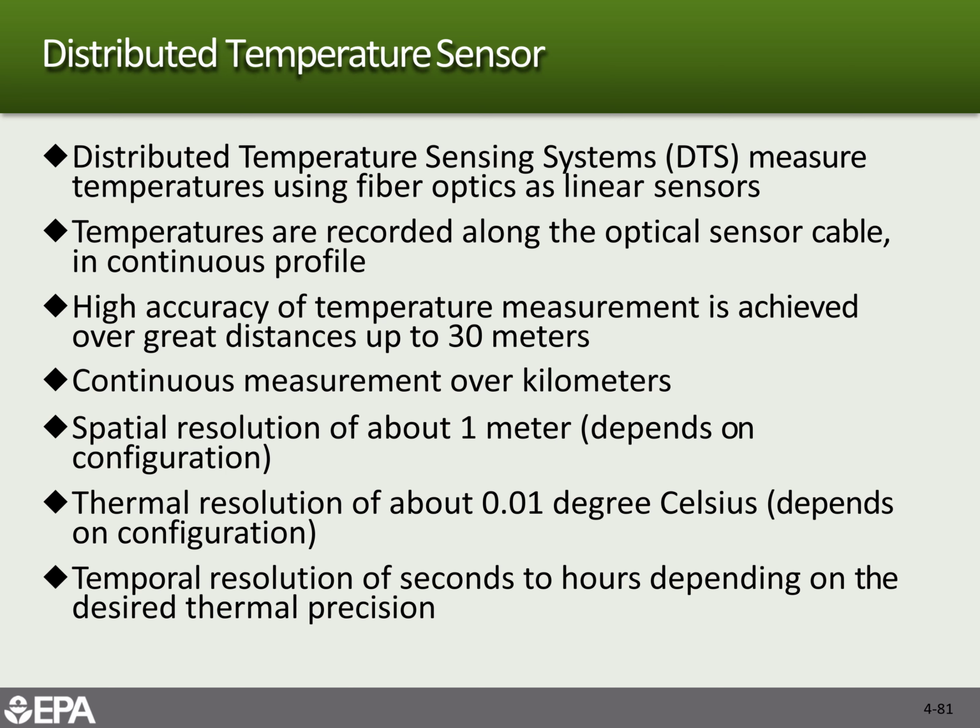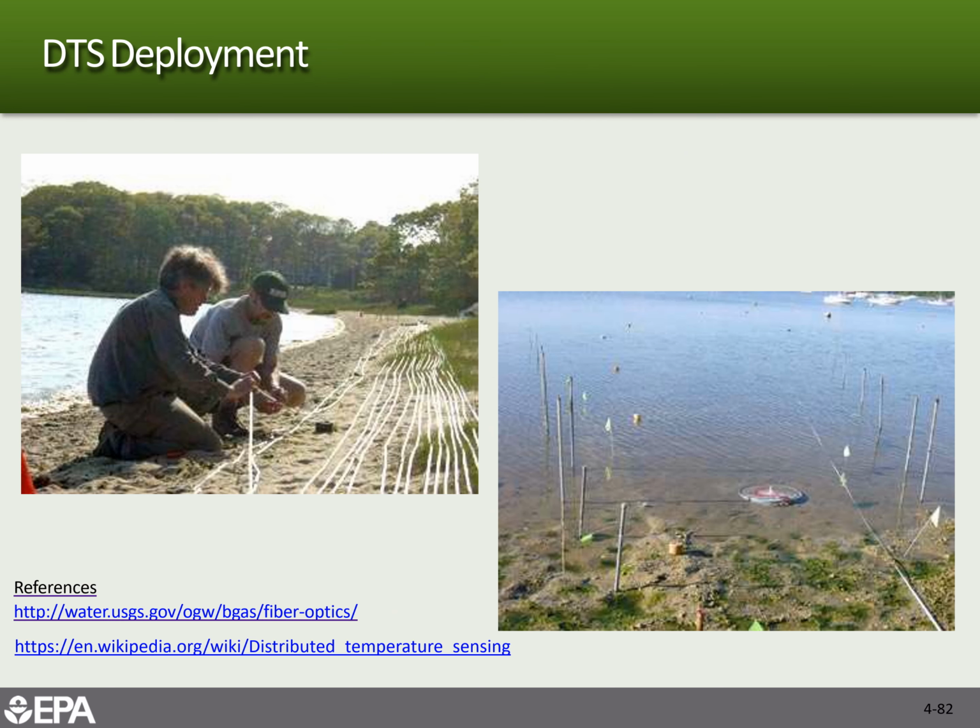You can get a spatial resolution of about 1 meter, but the thermal differential is down to 1/100th of a degree Celsius. And because it's run basically with a laser tool in a fiber optic cable, you can get very high quality, high resolution data.